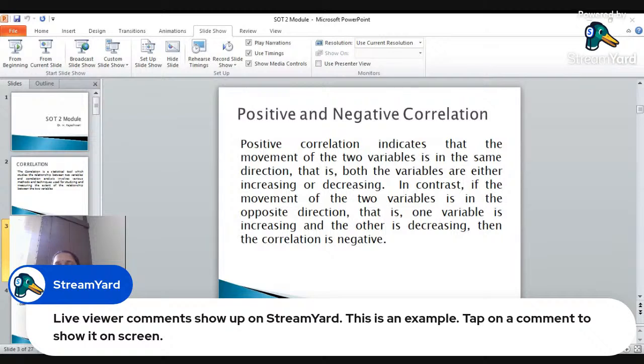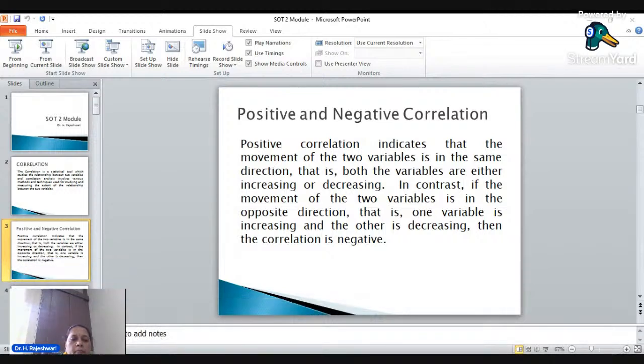Yes, -1 to +1. That means you can get an answer as -1 or 0.009 or 0.999 like this, but not 2 or 3 like that. You will never get that. Please remember this. Otherwise in the examination you may make a mistake and write some other answer.